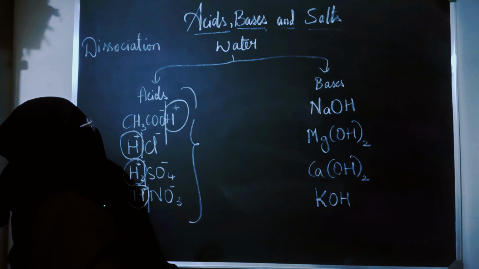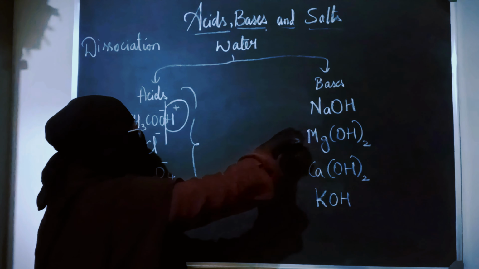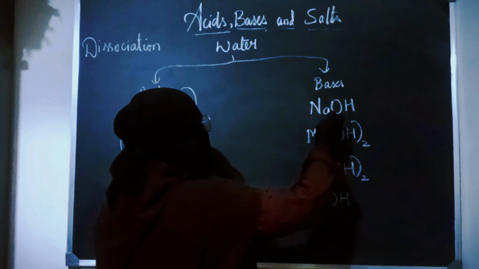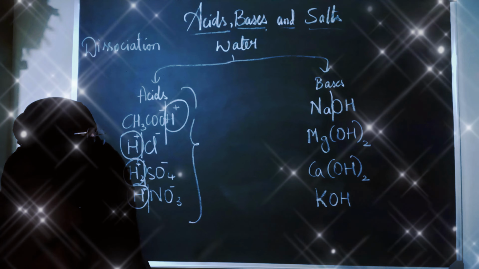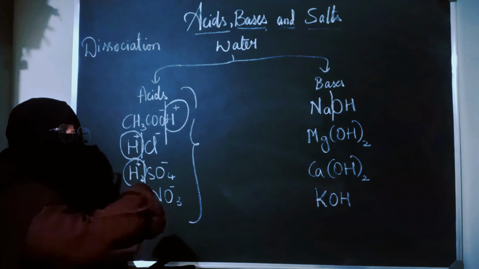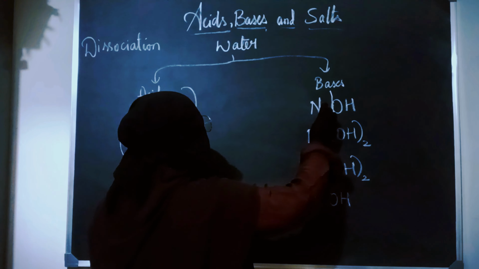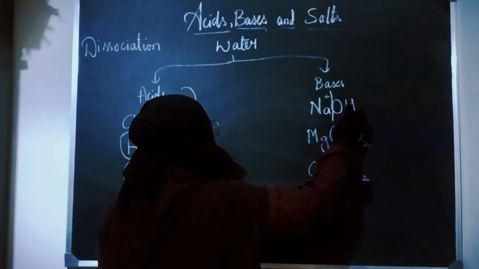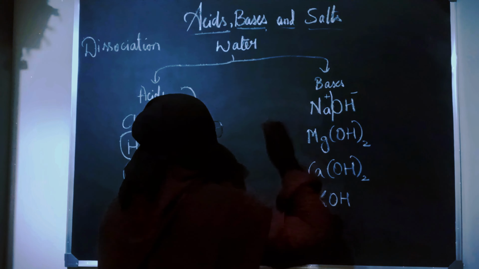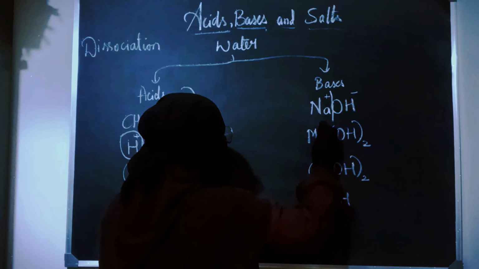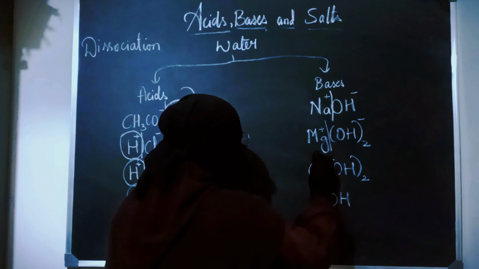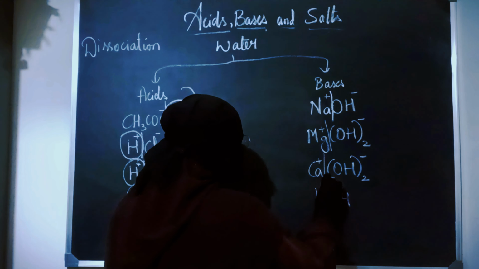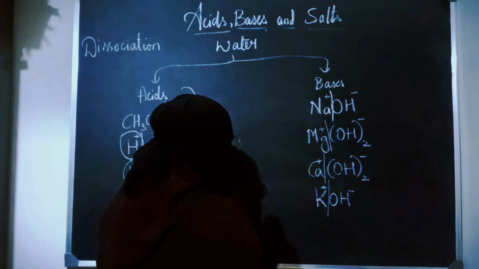It is observed that whenever I add water to the bases, these bases will also dissociate into their ions. Here also the dissociation process will take place in such a way that the metallic part gets separated from the other part like this. So here also dissociation will happen as Mg plus and OH minus, Ca plus and OH minus, K plus and OH minus.